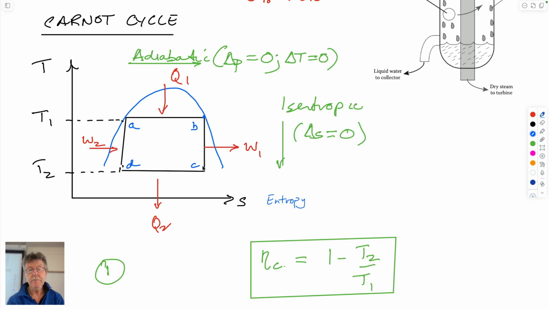Once it's flashed to steam, we can get work out of it by its expansion. Once it's expanded, we can take heat out of it to condense it and then apply compression to get it back to its initial state and then reintroduce it back into the reservoir. So that's the cycle that we're going through.